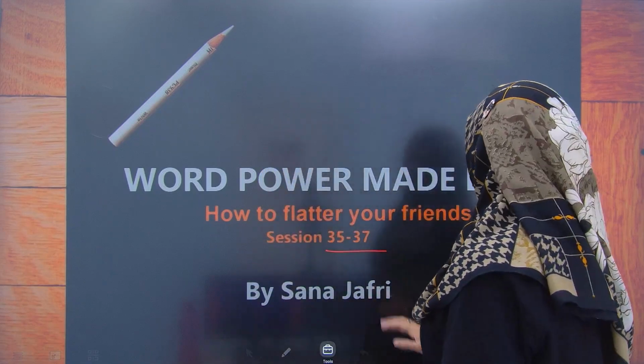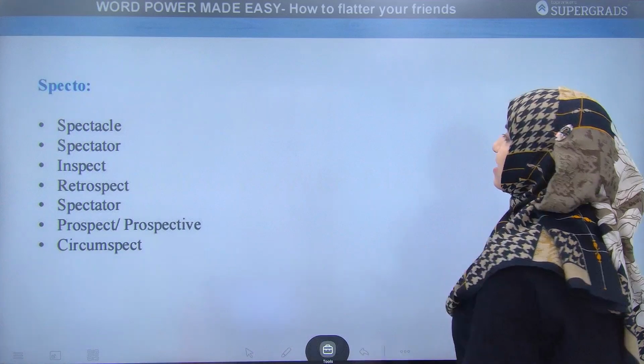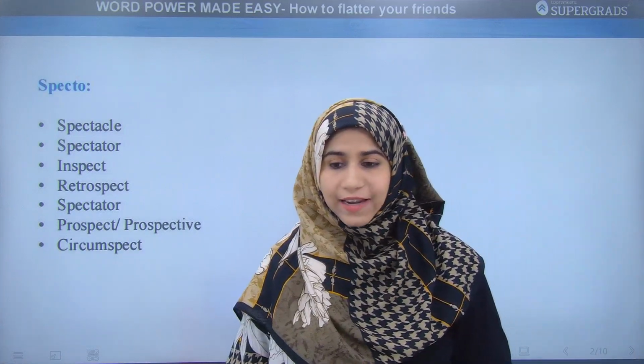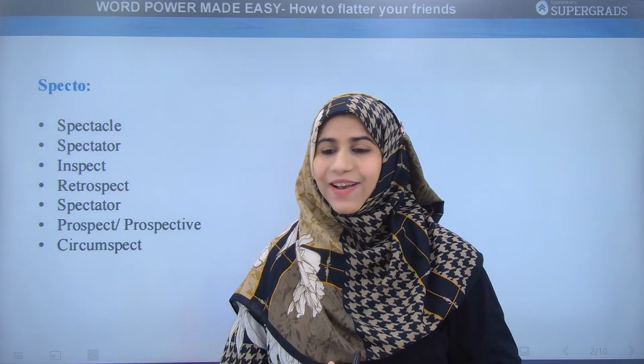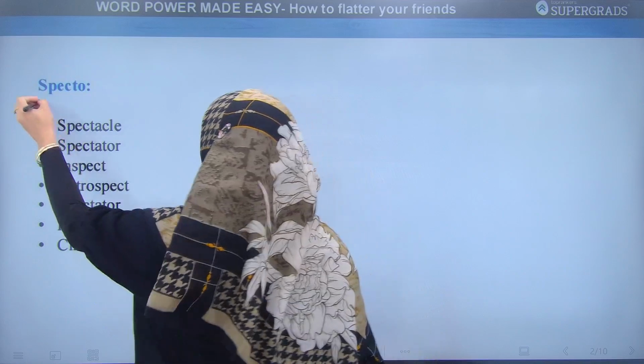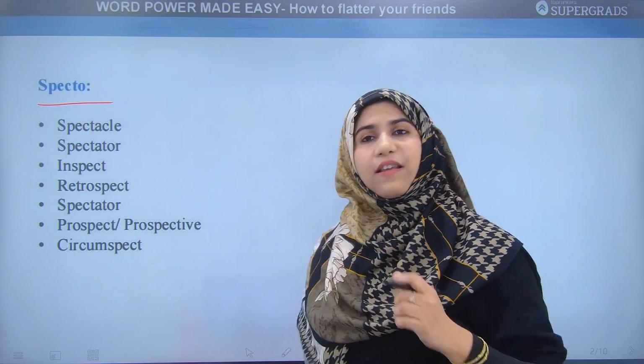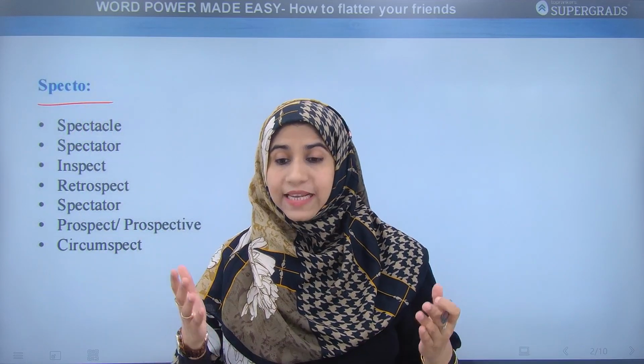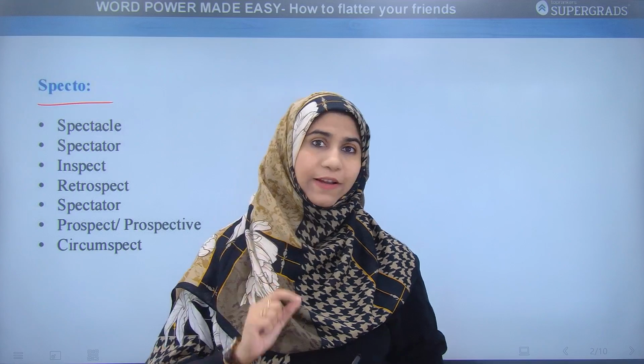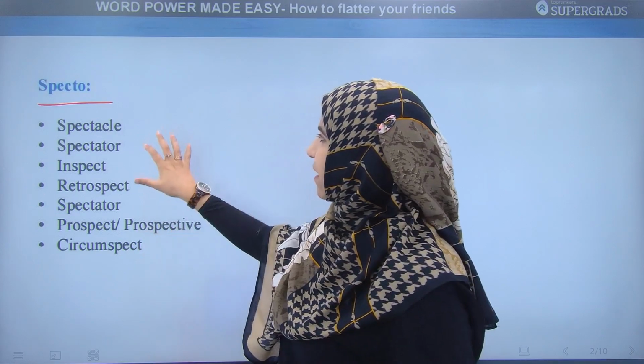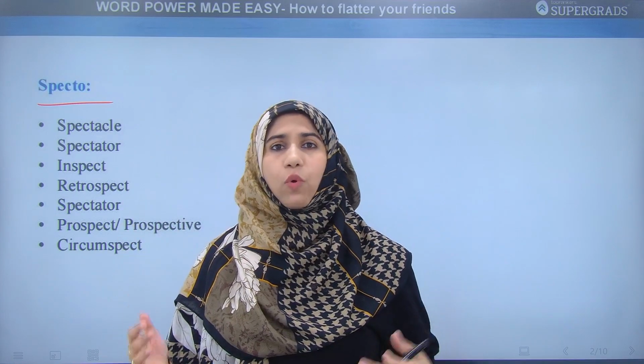Anyway, you can also watch them independently. That's also absolutely fine. All right. So here we have some very nice etymology that has been shared with us in these chapters, right? The first one in the row is a very useful and commonly seen root word, specto. Now there might be a number of words here which you feel that you already know.